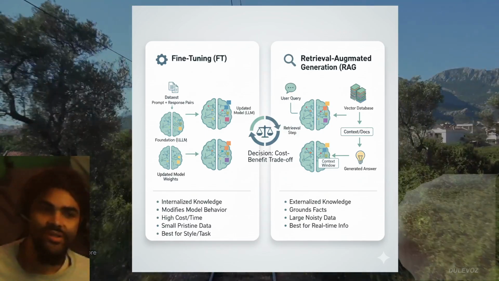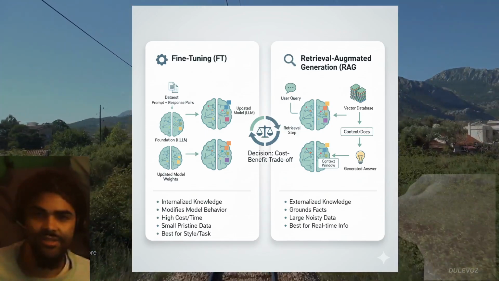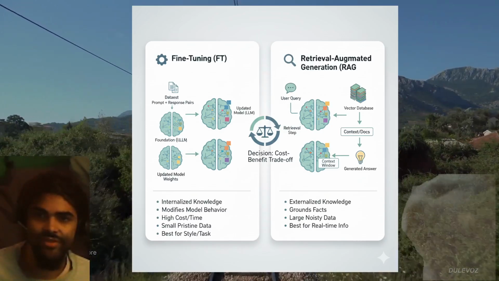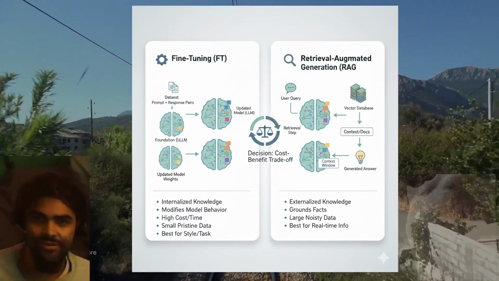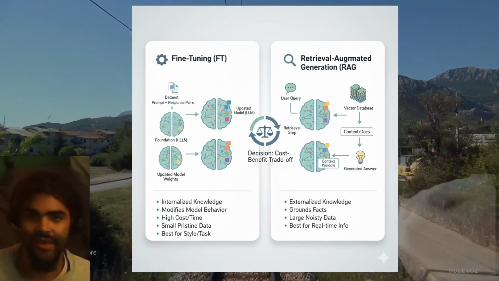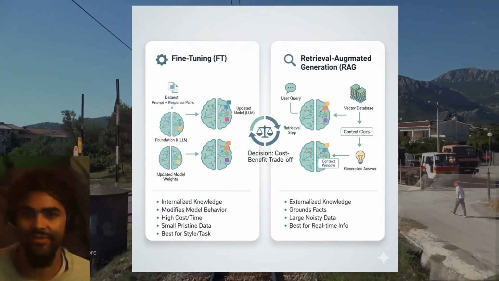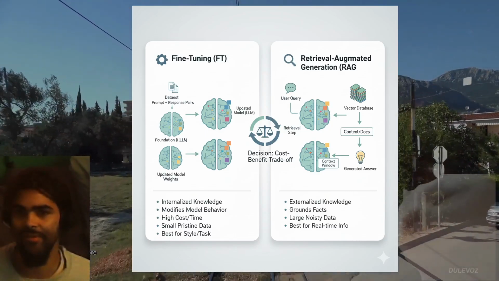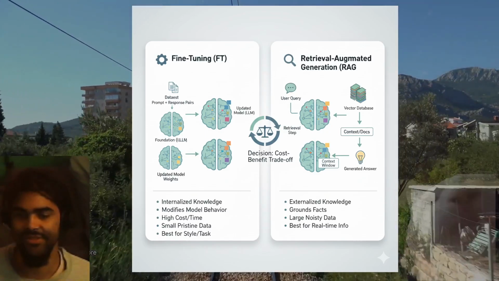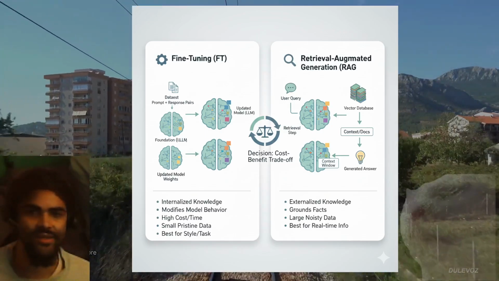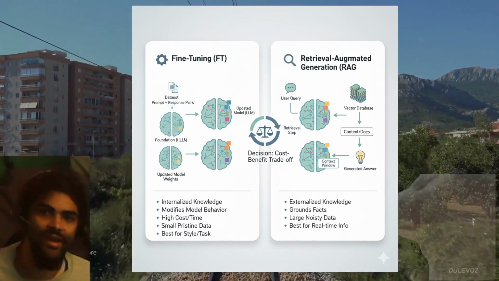Question number two, what is prompt injection, excuse me? What are its potential risks and how can it be mitigated? Prompt injection is a critical security vulnerability where an attacker provides specifically crafted inputs that trick an LLM into ignoring its instructions and executing unintended or malicious actions. So you can think of it like social engineering for AI.